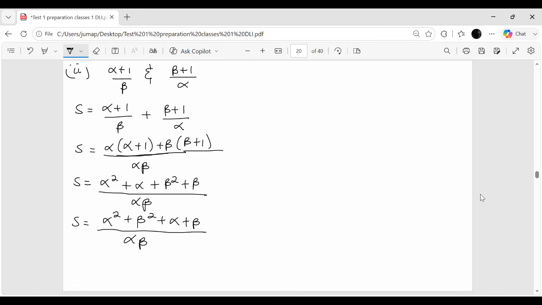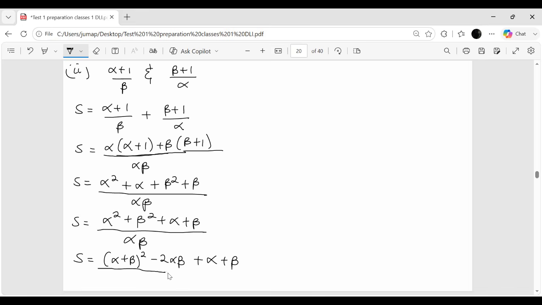So my sum is going to be equal to alpha plus beta squared minus 2 alpha beta, it will replace everything here, then plus alpha plus beta, like this.